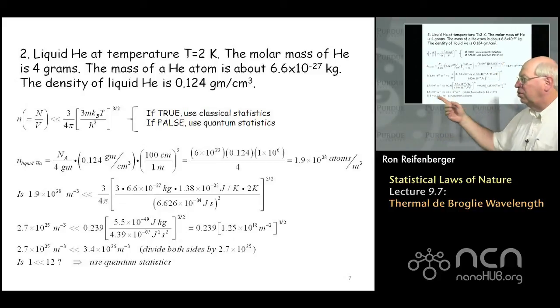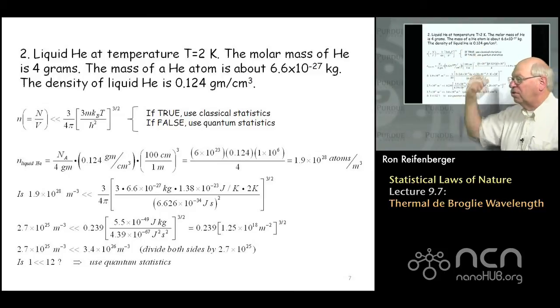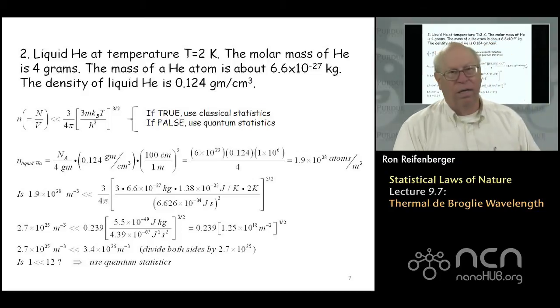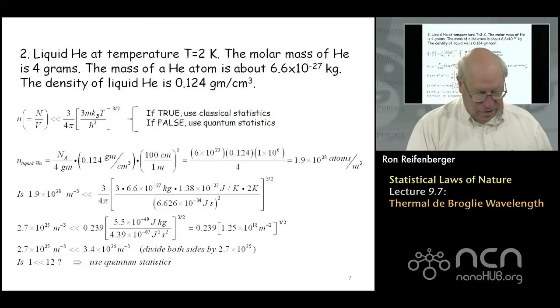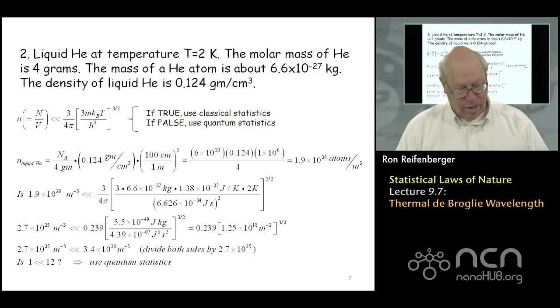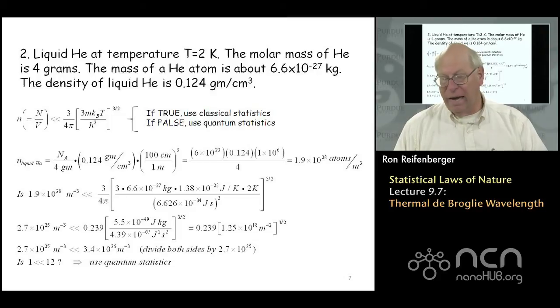So these two numbers are comparable to one another, and that simply means that you probably are going to require quantum statistics to describe liquid helium near 2 Kelvin. So that's how you use this criterion to decide whether you've got a classical or a quantum system, right? It's pretty straightforward. It's just an evaluation of a standard equation using the appropriate parameters.